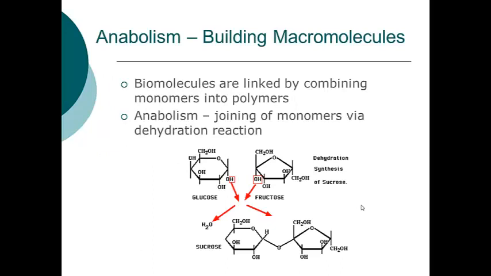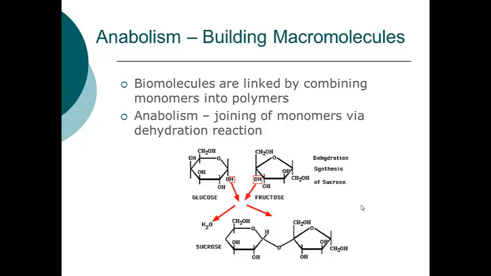Anabolism is the term that we use for the process of building macromolecules. Although these molecules are very complex, the reactions that join them together and break them apart are very simple. Anabolic reactions link together monomers into long chains via a kind of reaction that we call a dehydration reaction, sometimes called a dehydration synthesis.